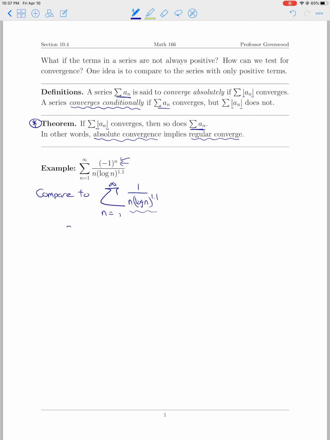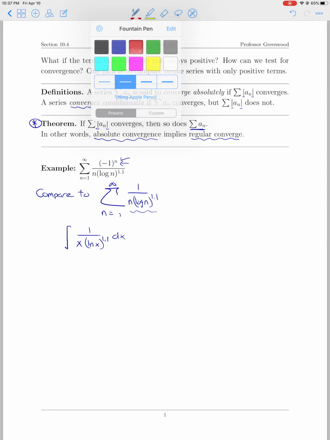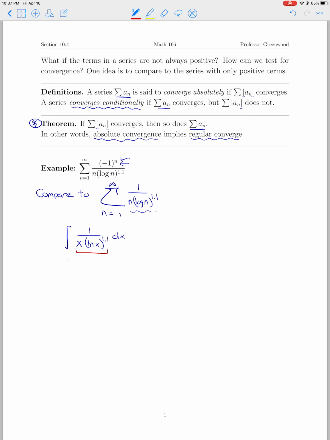And so if we look at the integral of 1 over x (ln x)^1.1, here we do have to note that this is a positive, continuous, decreasing function. And that's why we're allowed to use the integral test.